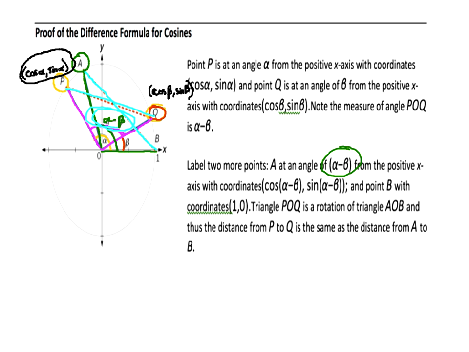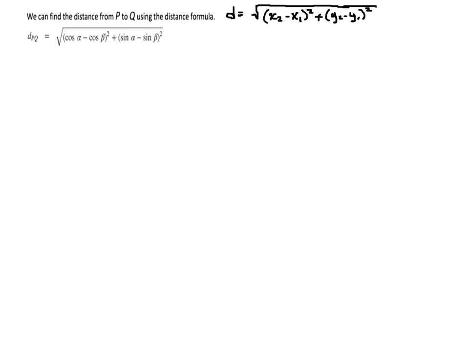So those are our points that we're finding the distance between. All I've done to start out with is input my x values, the difference squared, plus the difference between my y values squared, and I took the square root of that. So I just placed those 2 points into the distance formula to find the distance of P to Q.